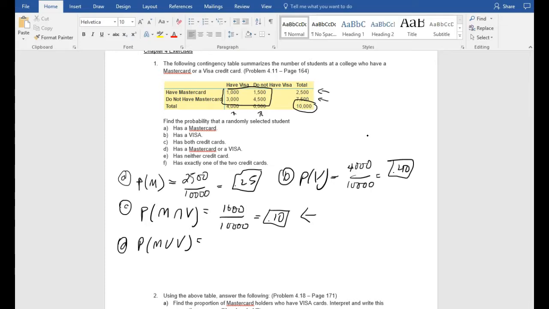So the formula is the probability of M plus the probability of V minus the probability of M and V. We already calculated all those numbers: 0.25 plus 0.40 minus 0.10 is equal to 0.65 minus 0.10, or 0.50.